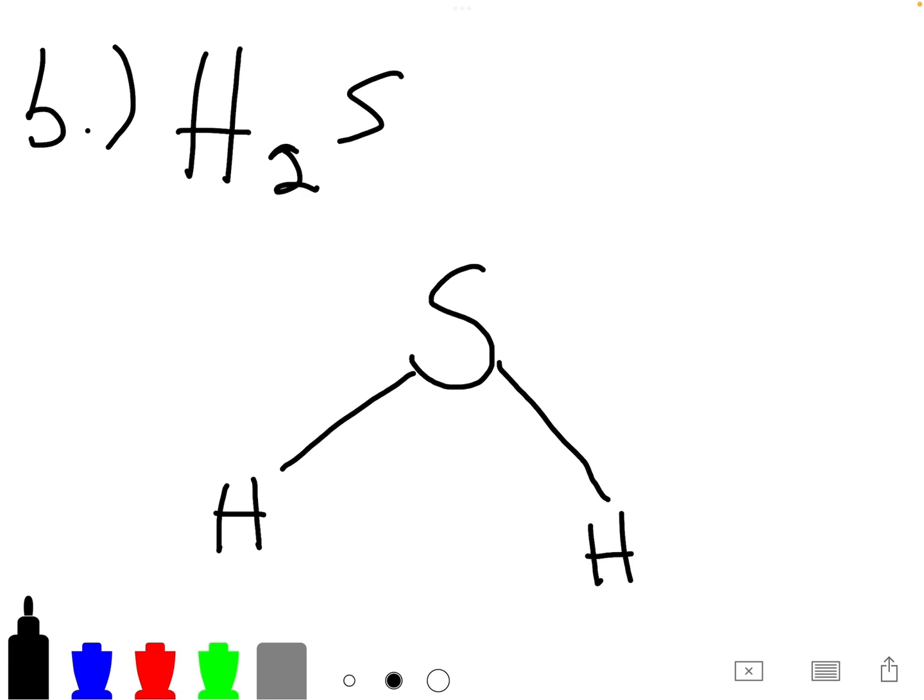That is the bent version. It is bent. So that's how you do that one. Okay.